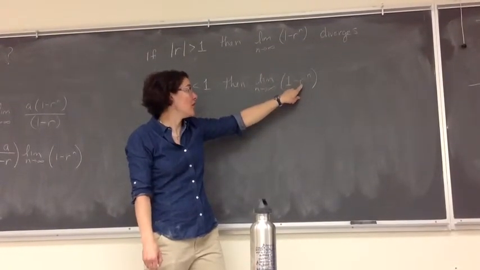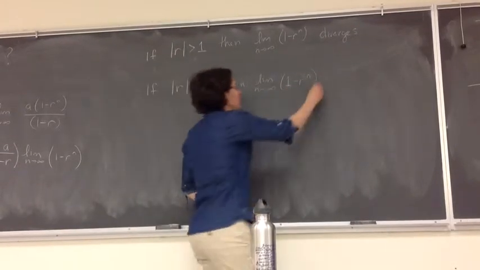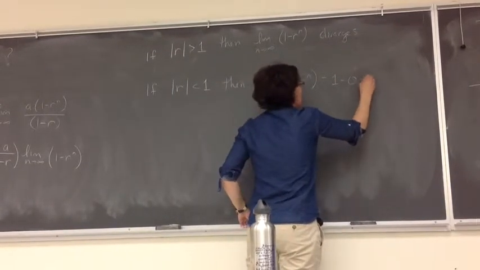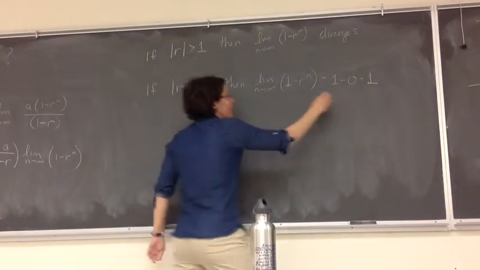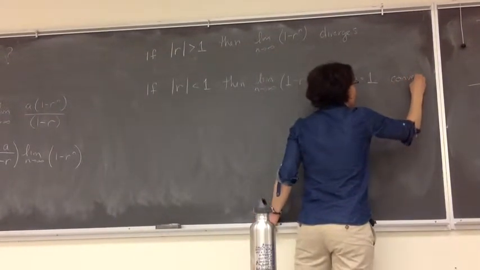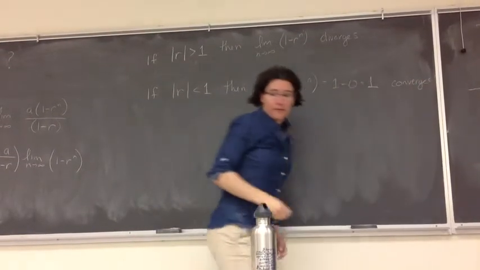And so this r to the n is going to go to 0, and so we'll have 1 minus 0, which is 1. And so if the size of r is less than 1, then this limit converges.